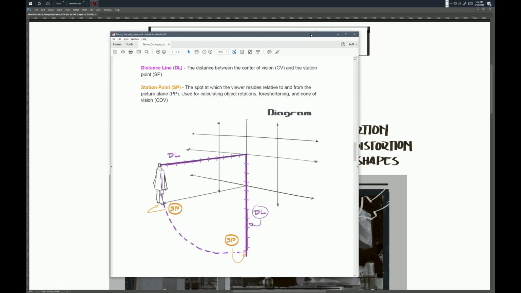So the distance line is the distance between the picture plane, the center of vision, where the line of sight intersects the picture plane, to the eye, to the eyeball. And I say eyeball because a picture is not developed using two eyes. It's developed using only a single eye, and it's not using peripheral vision. It's using the standard vision from the forward element of the eye.